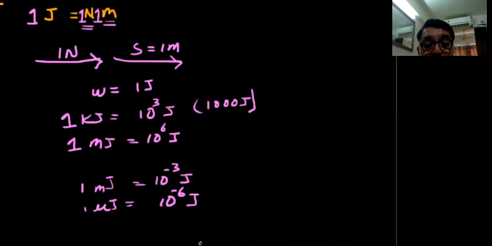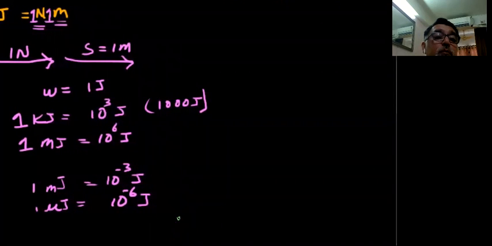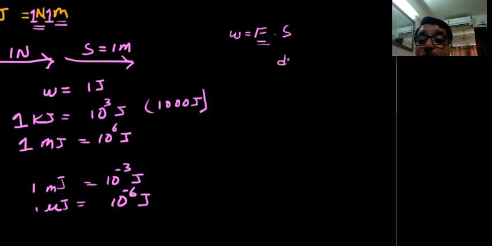Now let's try to figure out the CGS unit of work. Same way, work equals F multiplied by S. So what is the CGS unit of force? It is dyne. And the unit of displacement is centimeter.